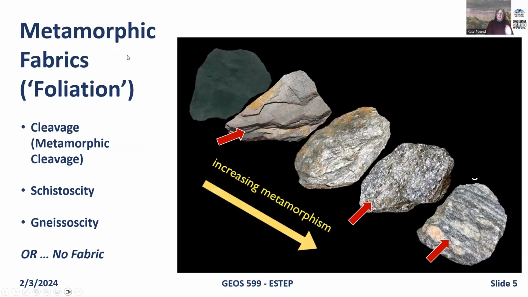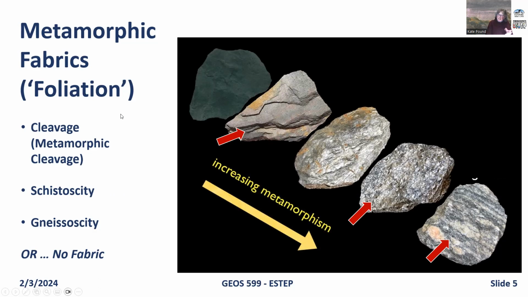Okay, so the next big deal about metamorphic rocks is because they're being squished, that squishing, or the increase in pressure, produces what we call metamorphic fabrics. It's kind of like metamorphic layering. And there are all sorts of terms that get used, and people use them in all sorts of different ways. So fabric is a very general term. Sometimes people substitute foliation for fabric.